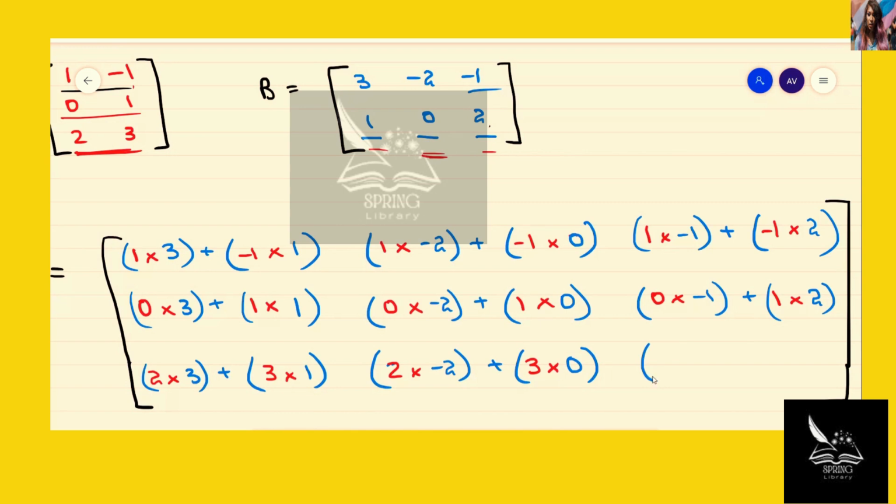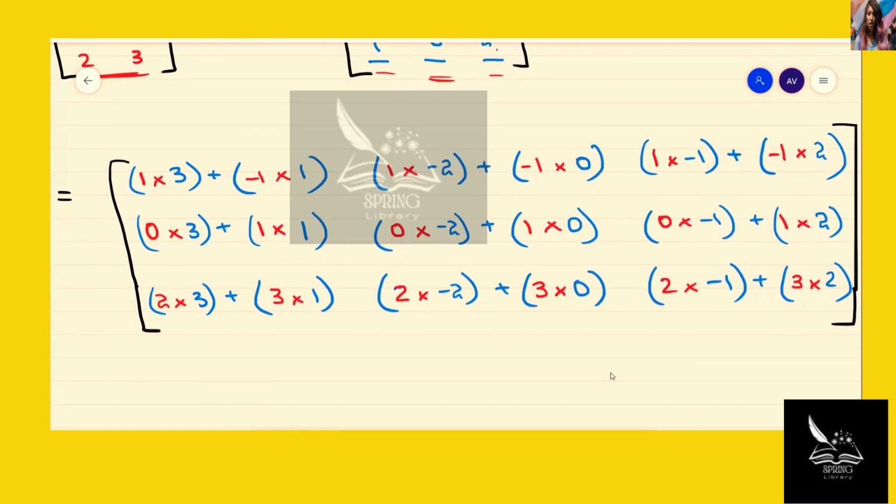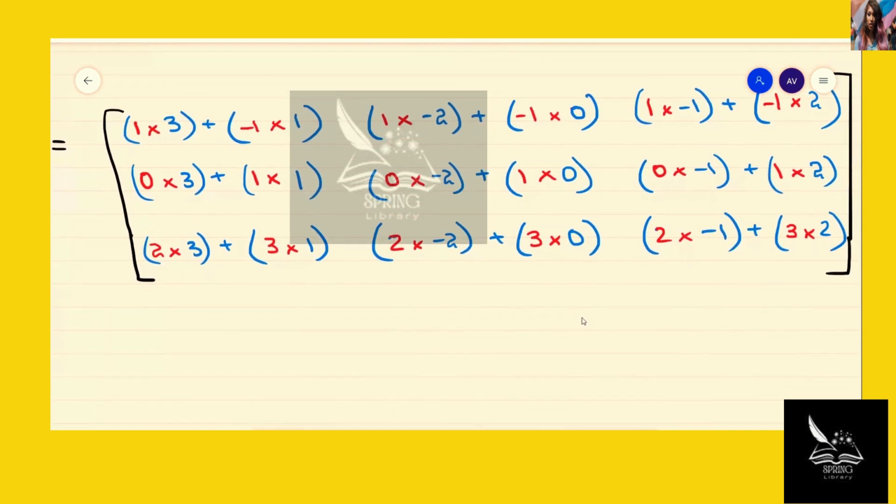Then we will have 2 times minus 1 plus 3 times 2. So now this is how we would find the product matrix AB.